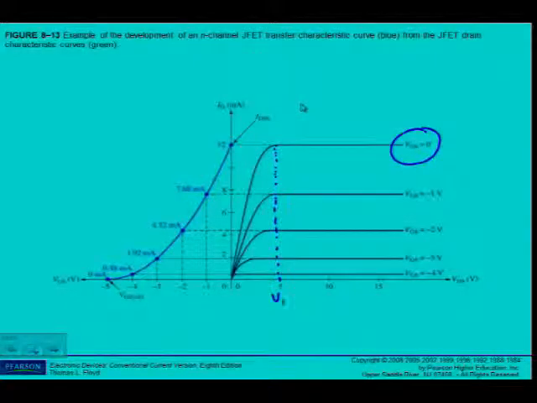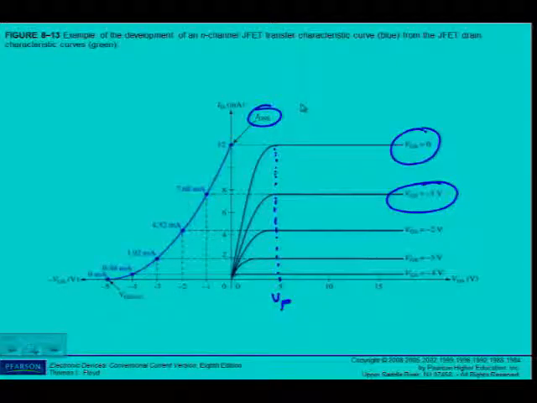V pinch off. So we've got V pinch off there, and we know that value is IDSS. That's V pinch off. Alright, of course we get pinch off voltages for other values of VGS as well, but that is not V pinch off.